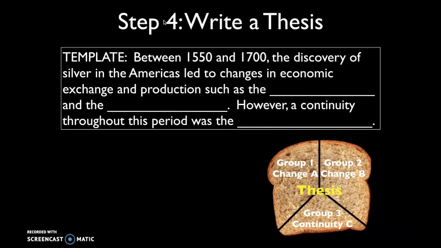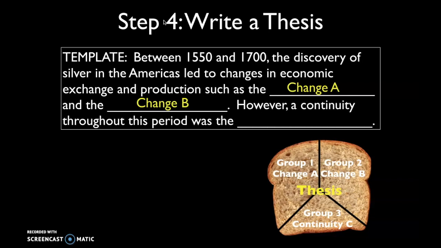So between 1550 and 1700, the time period given by the prompt, the discovery of silver in the Americas led to changes in economic exchange and production, such as the, and then we identify our change A, and then we identify our change B. So go back and make sure those claims that you've developed are clear, and that they do represent changes that have been brought about as a result of the discovery of silver in the Americas.